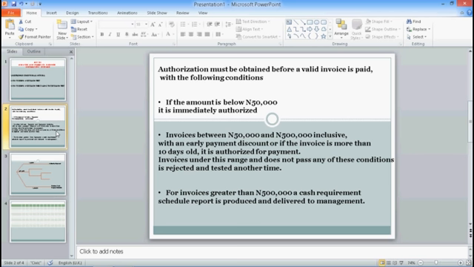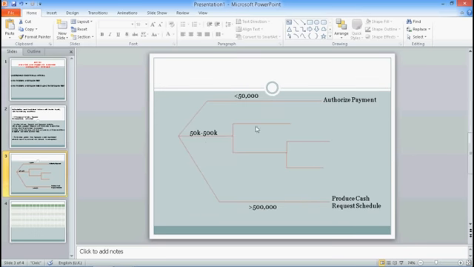What that means is that any invoice that is more than 10 days old is authorized for payment. Then any invoice that has an early payment discount within this range. Now if it is more than 10 days old first, it is authorized for payment.